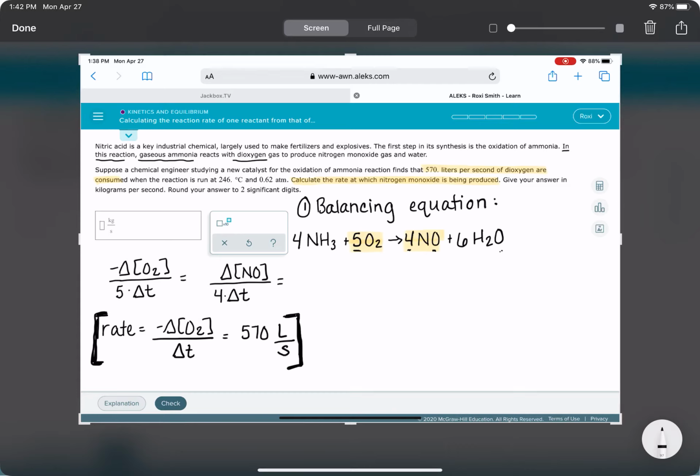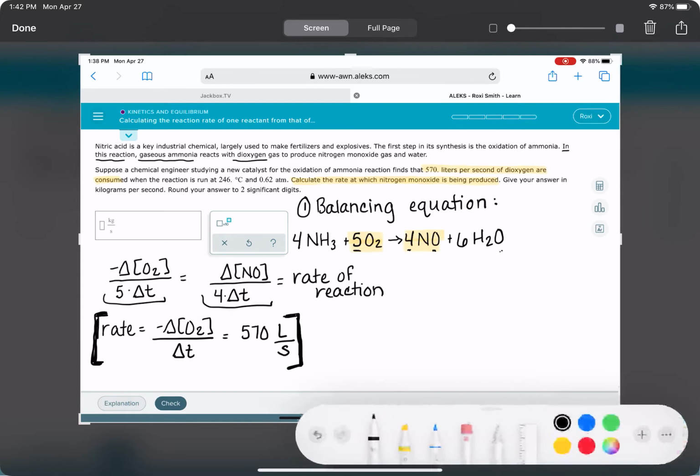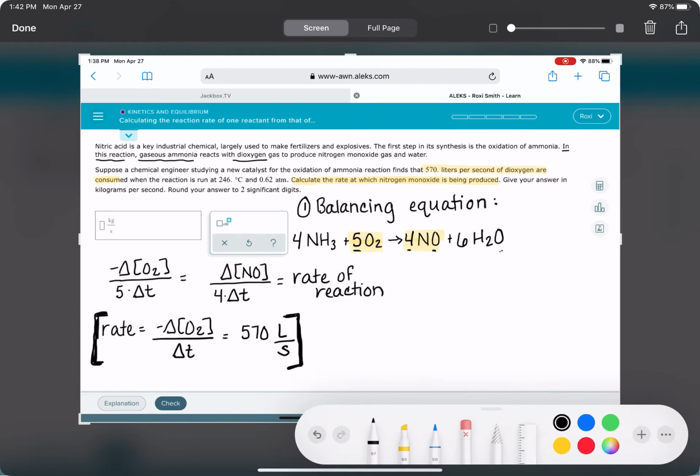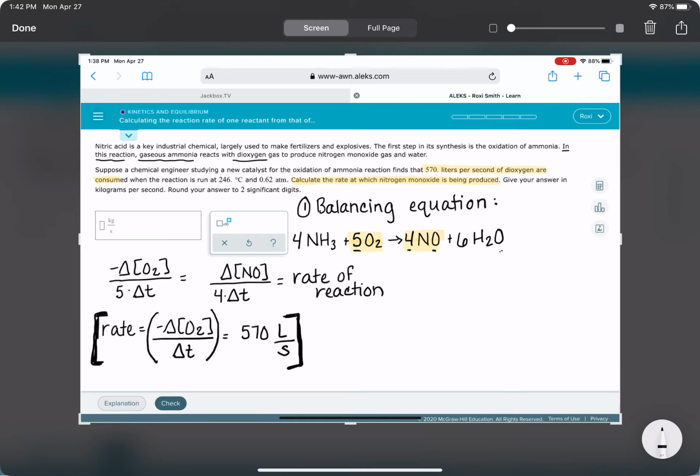So these forms that we have up here are going to give us the rate of the reaction, a number that is generic and standardized for all of the substances in the chemical reaction. The data that we have for dioxygen is specific just to dioxygen all by itself. So what we're going to do is take this term, which is equal to 570 liters per second, and plug that into this part of the equation. And so we are going to get 570 liters per second over 5.